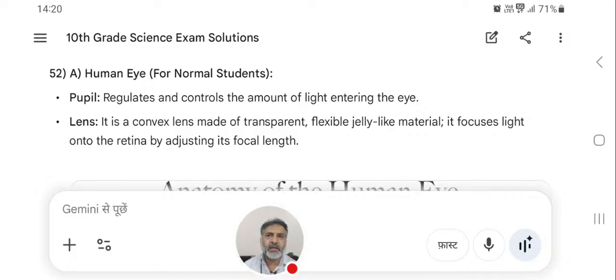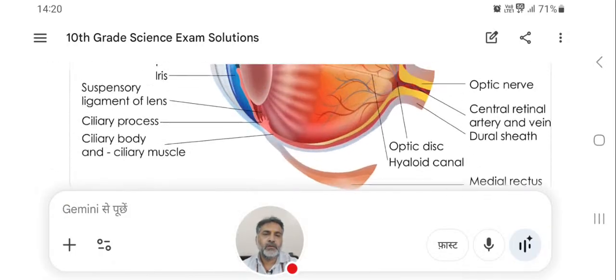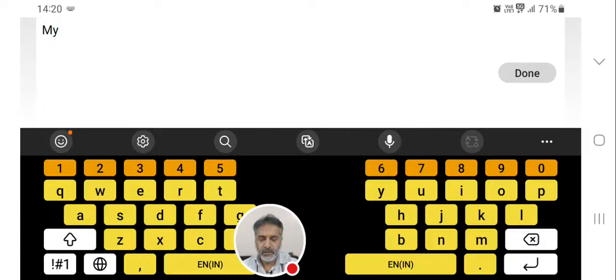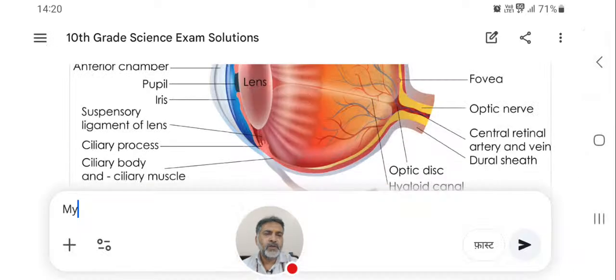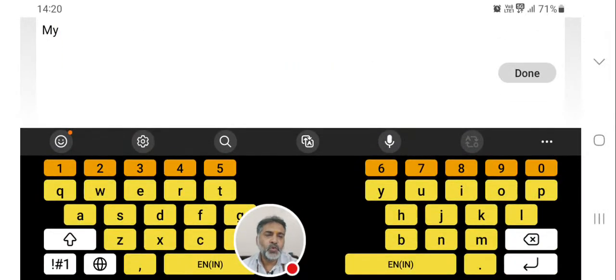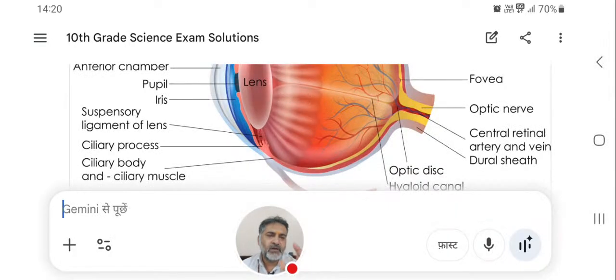So myopia, what is myopia? Near-sightedness. In it, distant objects are not visible properly, that is called myopia.